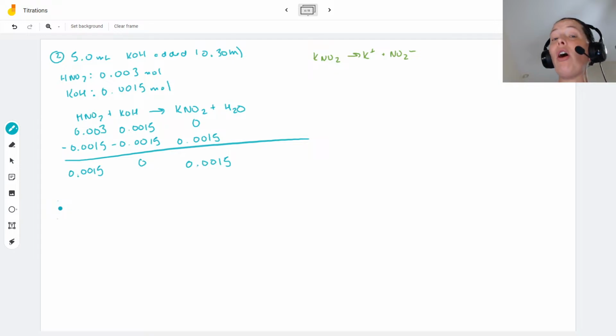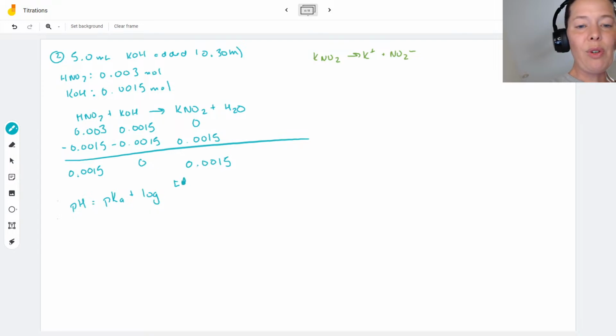Now, you can also do the equilibrium calculation, and I will show that in the next step, but here we're going to use Henderson-Hasselbalch because I like to show several different ways, if I can, of how these things work. So Henderson-Hasselbalch, there are actually a couple different variations, but this is the most common one. And of course, it is my concentration of my conjugate base over my weak acid.